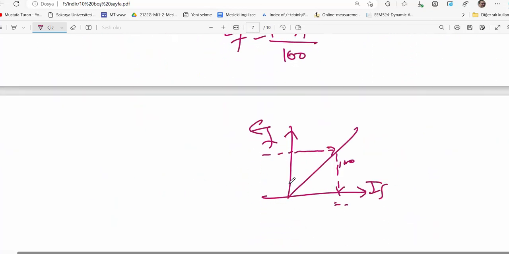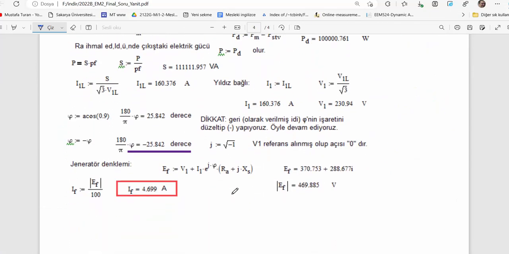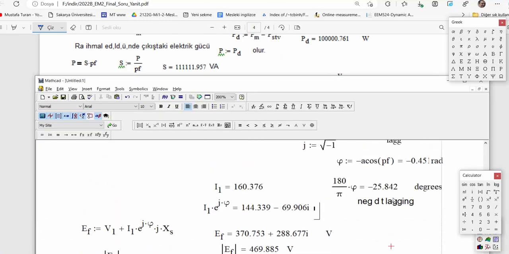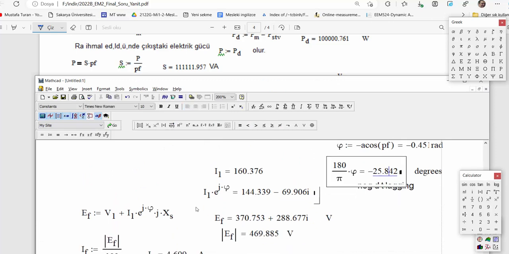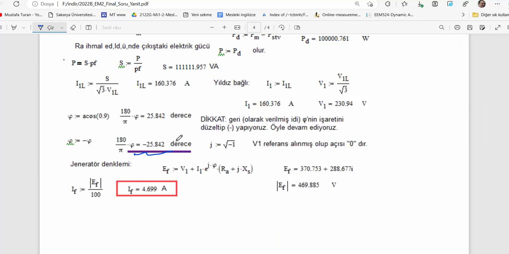Let's check our results with the given answers. Yes, as you see, the phase angle was minus 25. Yes, it is. The current is 4.699. Yes, it is.